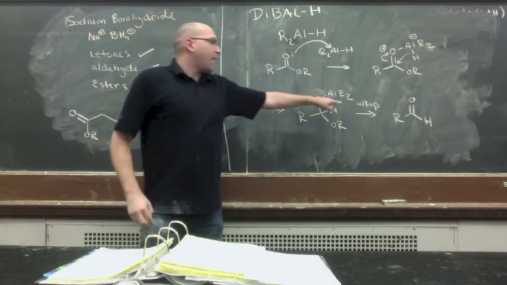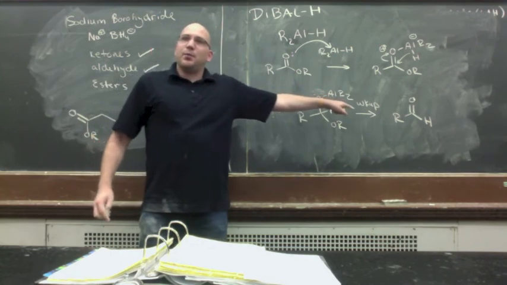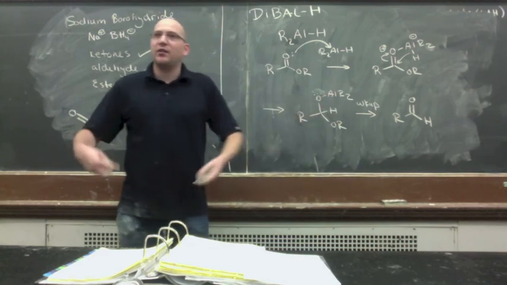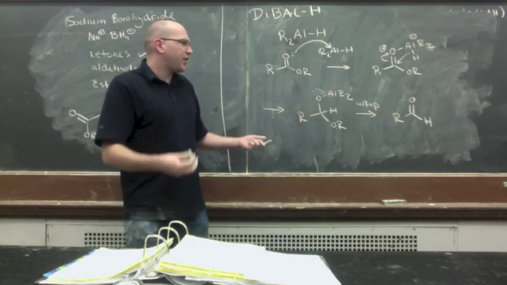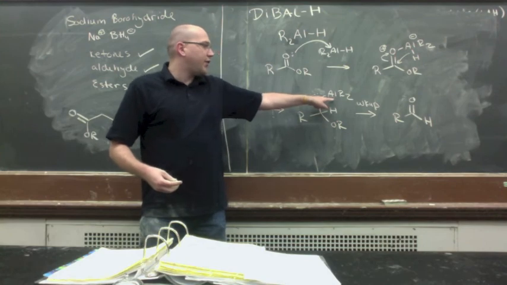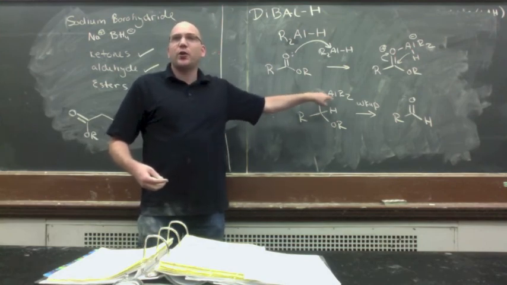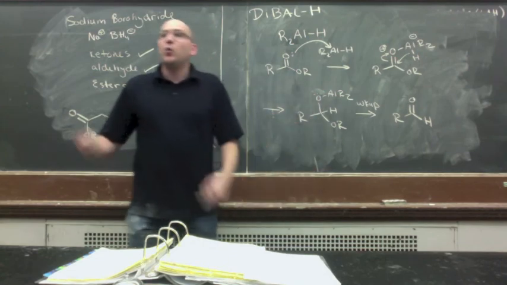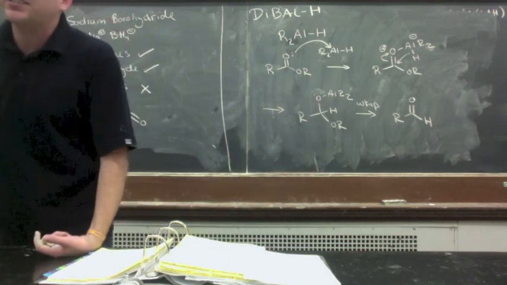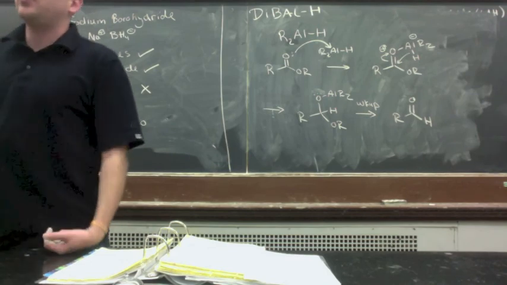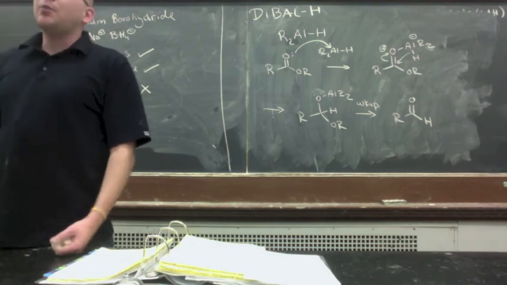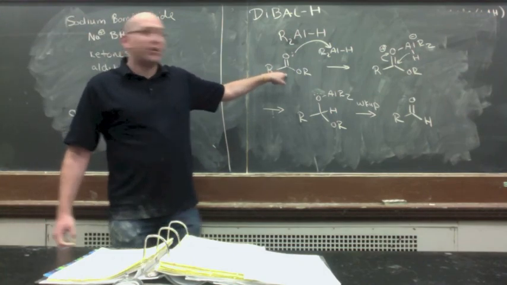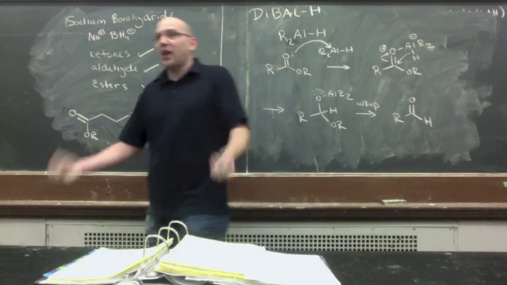I forget exactly what the conditions are, and I'm not going to go through the details, but you'll hydrolyze this off, get into that negative charge, and you'll kick down. When you do that, you also quench all the excess DIBAL, so there's no more DIBAL there to do the chemistry. And so what DIBAL allows you to do is go directly from the ester to the aldehyde. That's why I think this is important to learn here.